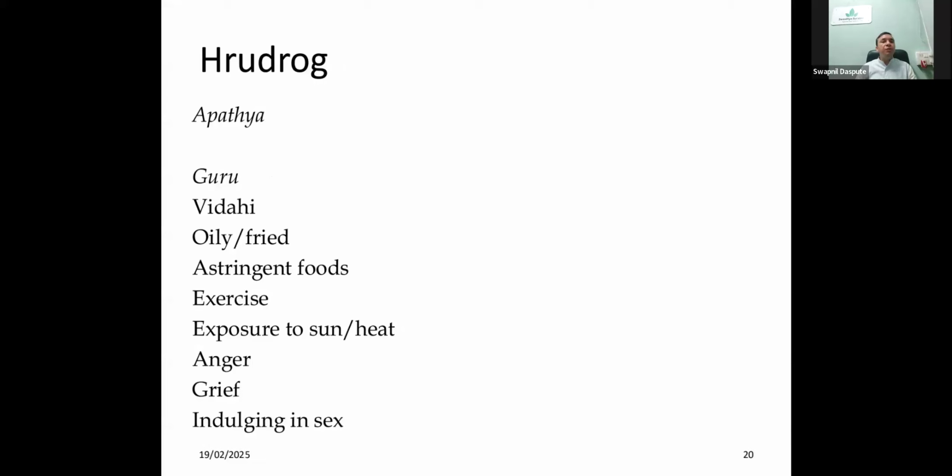Apathya will be guru, vidahi, oily or deep fried food items. Astringent foods can become apathya.